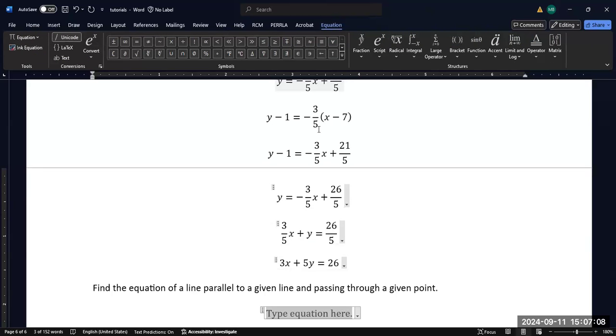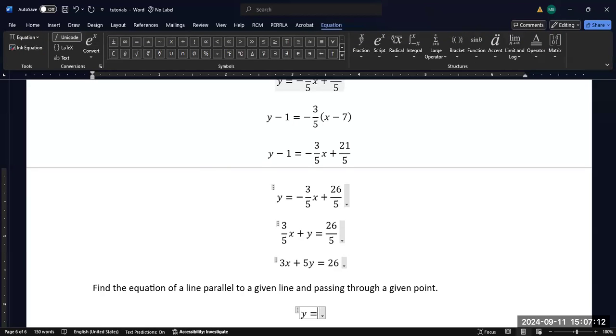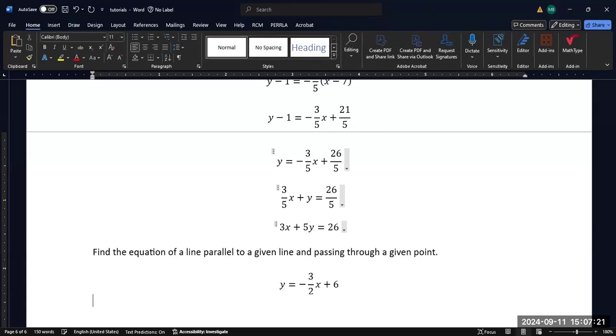So in this case, let's say I have the equation y equals negative 3/2 x plus 6, and I want to pass through the given point, let's say 6, 5.